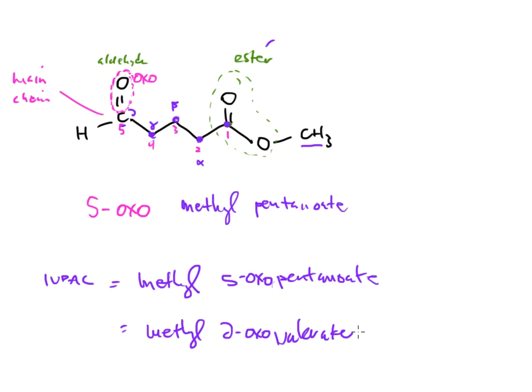And ate for the ester piece. So methyl delta oxo valerate is the common name for that structure, or methyl 5-oxo pentanoate is the IUPAC name for that structure. All right, let's keep going.